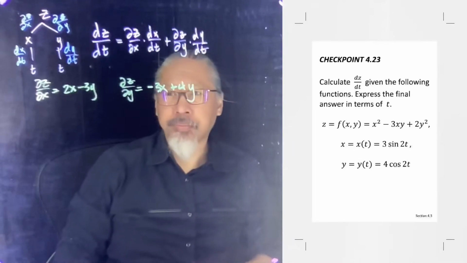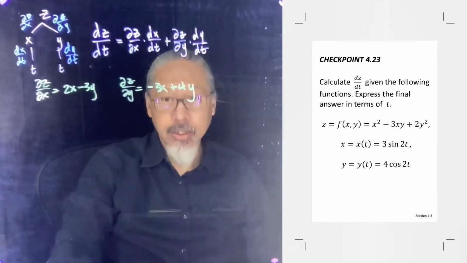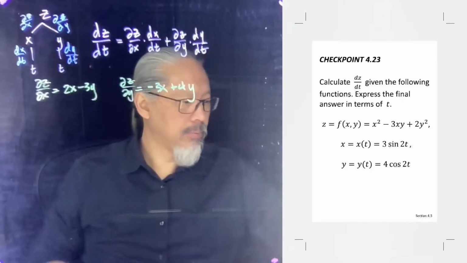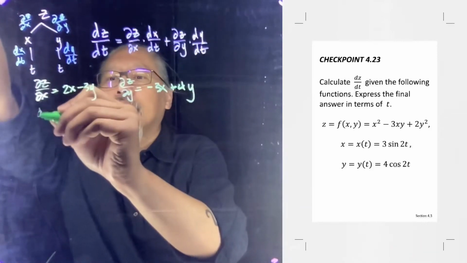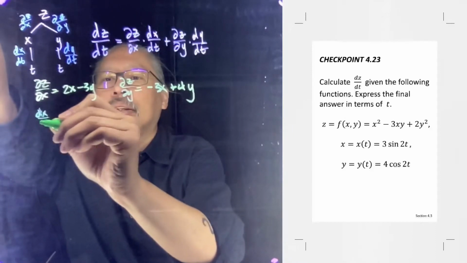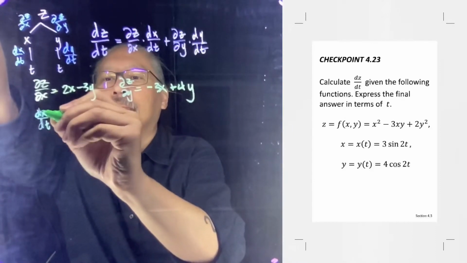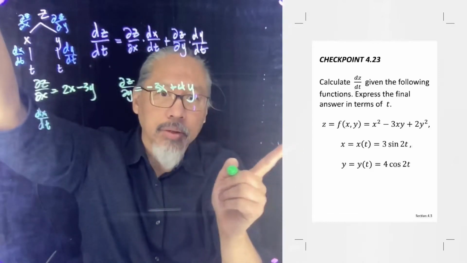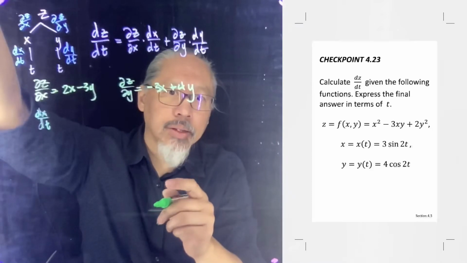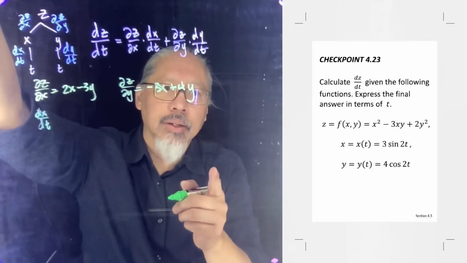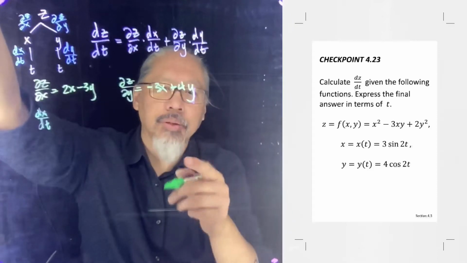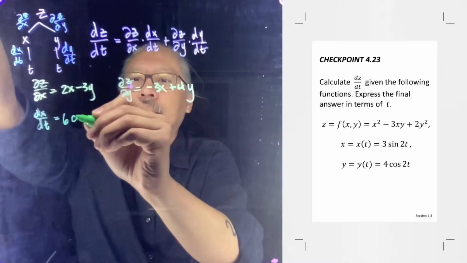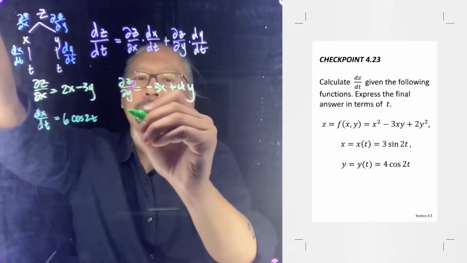Now let's look for the straight derivatives. dx/dt is going to be the derivative of x with respect to t, so that's going to be positive cosine 2t times 2, and then there's a 3 out there, so we'll call that 6 cosine 2t.